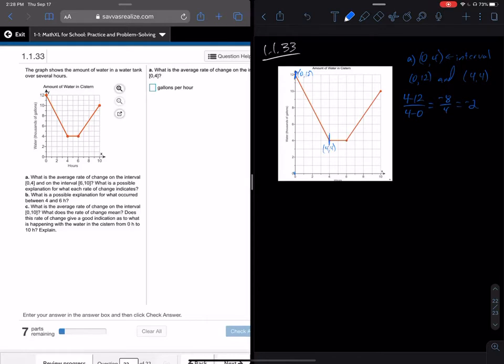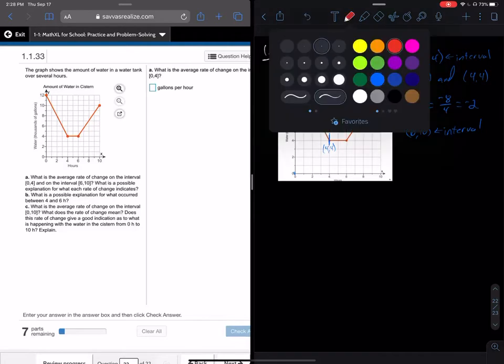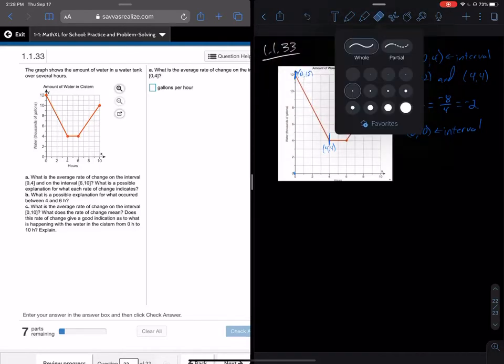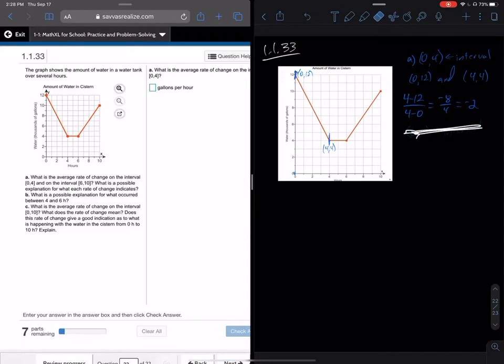Now they also want the average rate of change on the interval from 6 to 10. So for 6, 10, again, we're talking intervals here. The 6, 10 interval is going to go from here, which in this case is 6, 4, up to 10, 10 here.